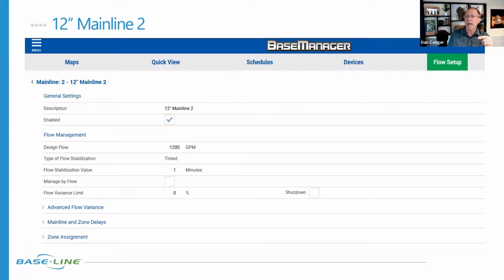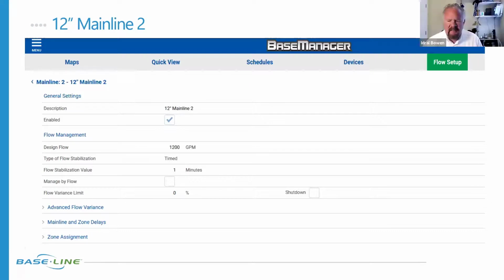So what would happen if the learned flow says it's only 100 GPM when in fact it's 115 GPM? Then managed by flow wouldn't be accurate, correct? Right. You're going to get constant fault outs. You're going to get messages and errors that won't make a lot of sense, but we eventually figured out that it wasn't reading properly and it was giving us inaccurate numbers.